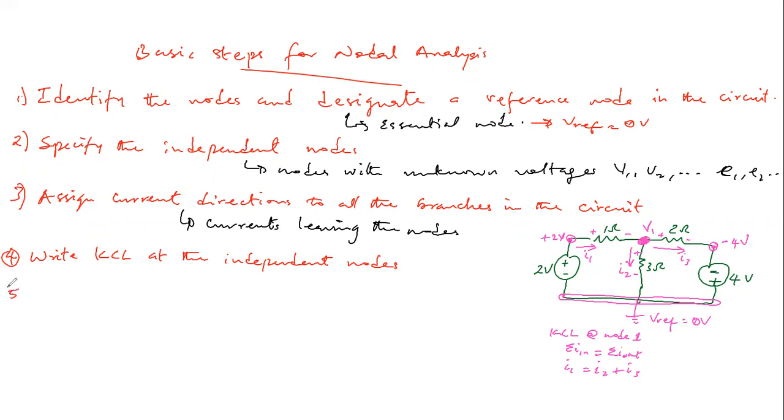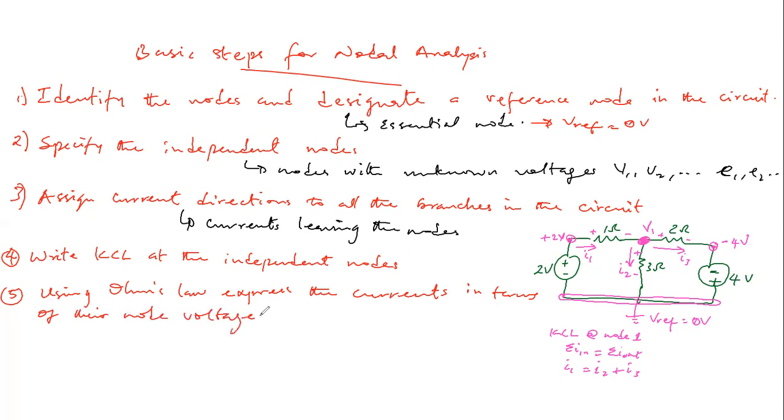So the fifth point here is, using Ohm's law, express the currents, that is, these currents I1, I2, I3 in our case, in terms of the node voltages, okay?